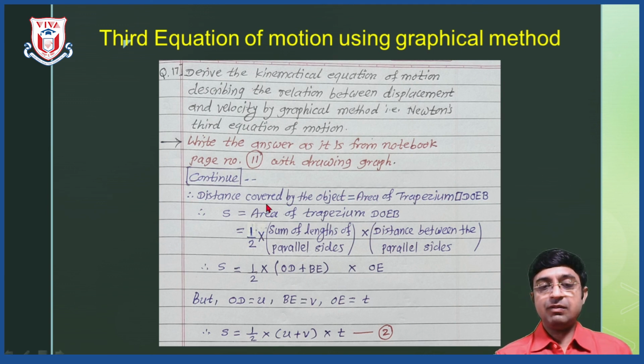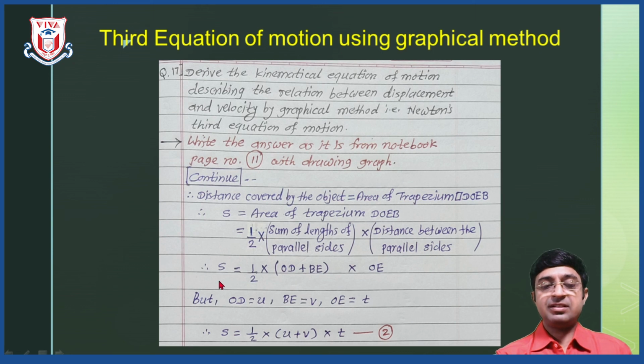Now the distance covered by the object is equal to the area of trapezium DOEB. Therefore the distance covered by the object S is equal to the area of trapezium DOEB. Now we know the formula to find the area of a trapezium: half multiplied by the sum of lengths of parallel sides multiplied by the distance between the parallel sides, that is nothing but the height.